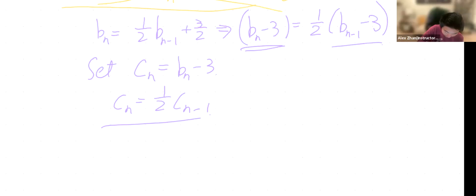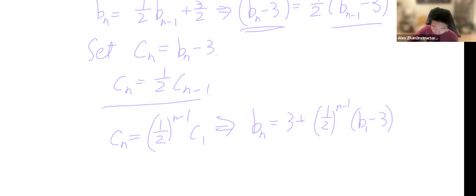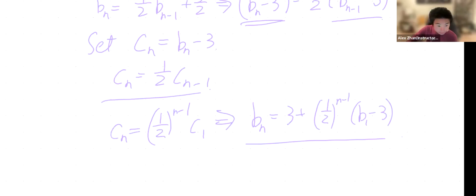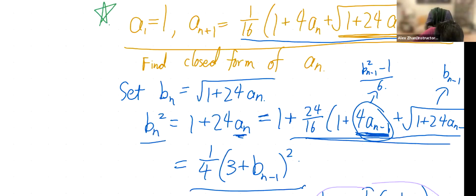Because then you can get c_n is equal to (1/2) to the n minus 1 times c_1. Well, actually, you could just write it as b_n is equal to 3 plus (1/2) to the n minus 1 times (b_1 minus 3). So then this is our recurrence relationship. In order to find our answer, we go back to what the original one was.